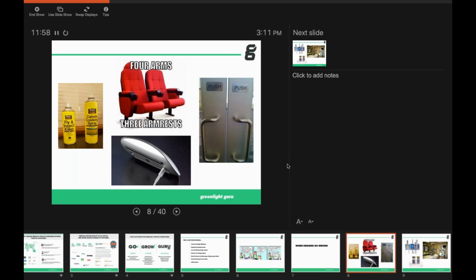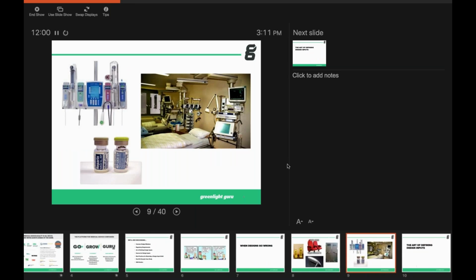So how you think about design, how you consider it, is important. And I think it's really important as medical device professionals to understand that as well, because we've got to consider the environment and where our products are going to be used.